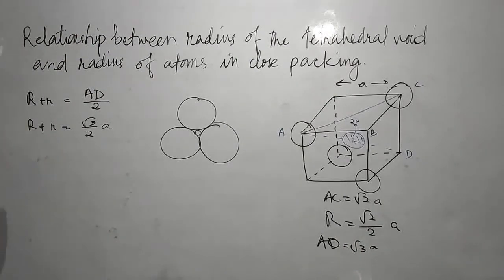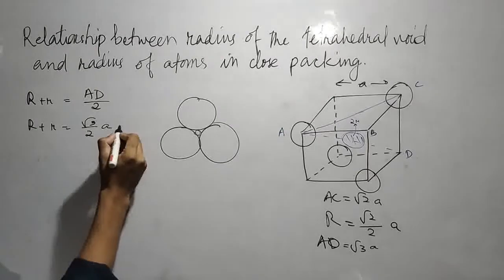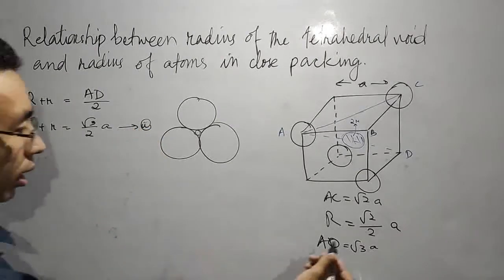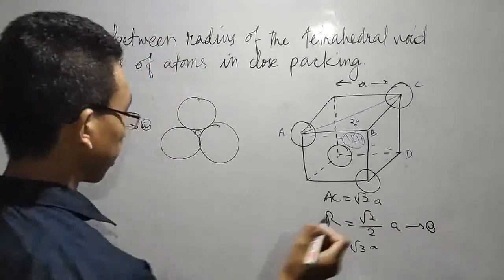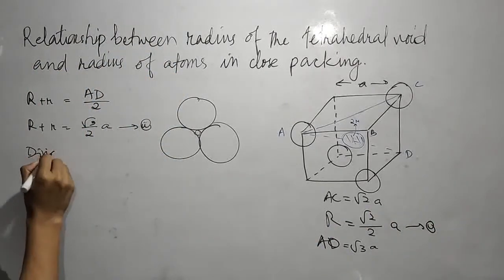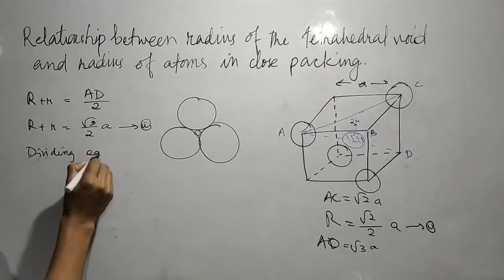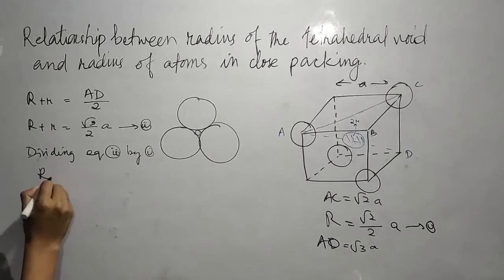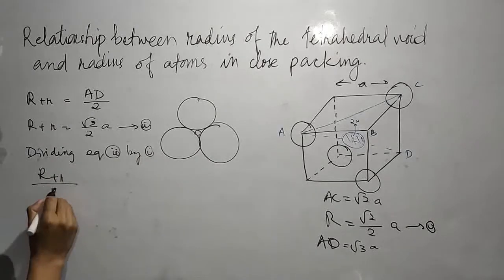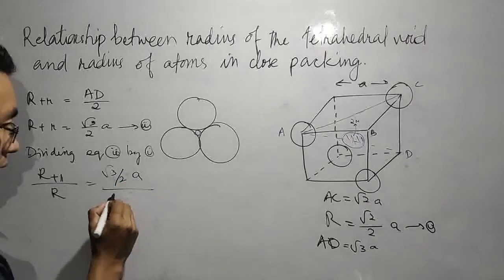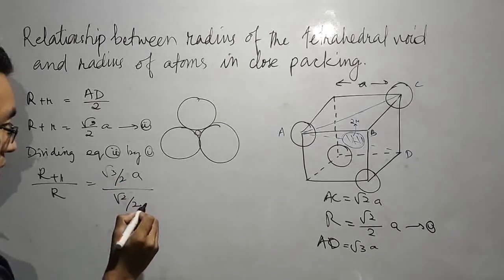Suppose this one is equation 2 and this one was equation 1. Dividing equation 2 by 1, we get R plus r divided by R equals root 3 by 2 a divided by root 2 by 2 a.